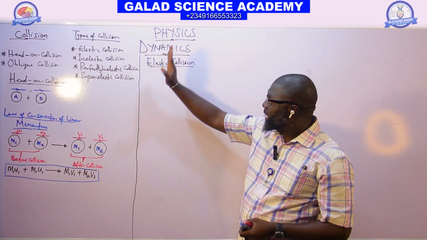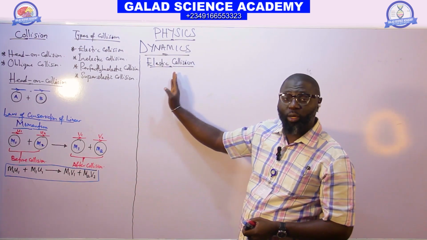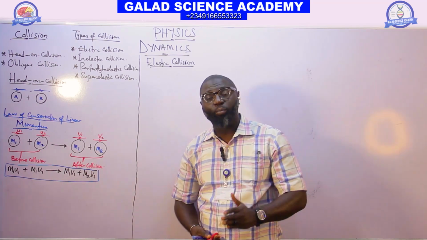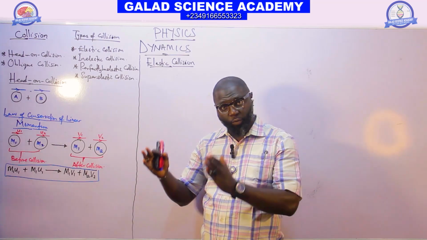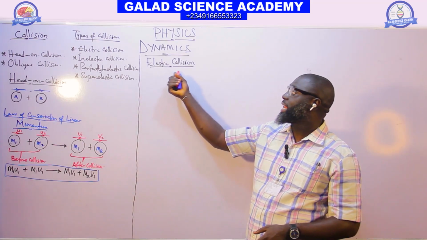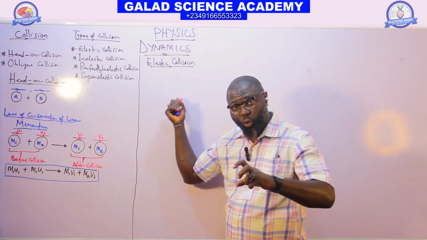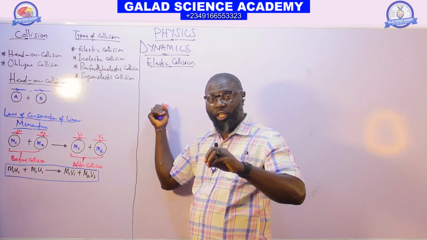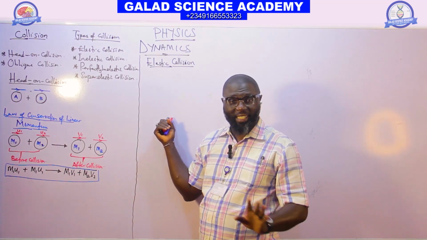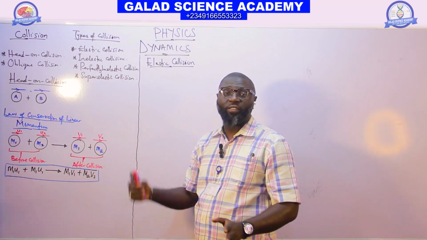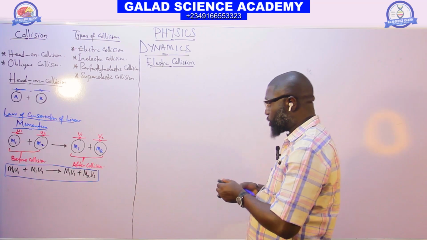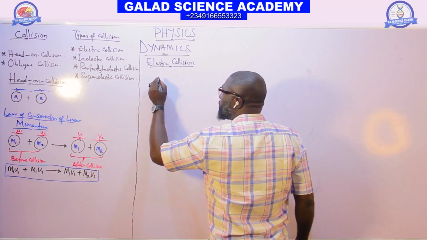That is, both of them are equal before and after collision. In elastic collision, the momentum of the body is conserved and the kinetic energy of the body is also conserved. Let us look at elastic collision, as though we have a body.